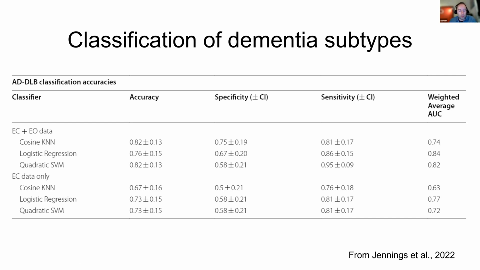What we found is that contrary to what is done in standard EEG analysis approaches, by combining eyes closed and eyes open data, we can actually classify with much higher accuracy than if you would only use eyes closed data, which is predominantly done.